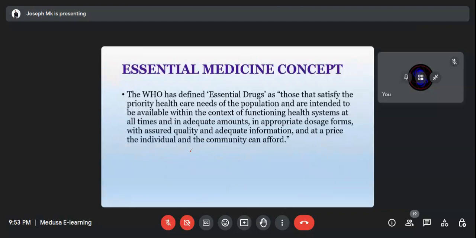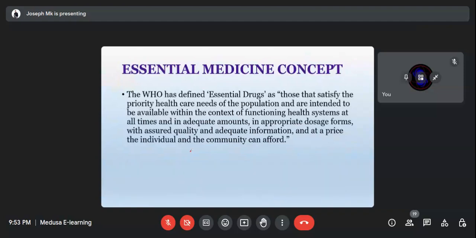Like I said earlier, the definition of a drug has been defined by the WHO, and also essential medicine has been defined by the WHO. We need to know the full definition. It's important. It might pop up in one of the essays. Maybe it can carry 2 marks, things like that, but you need to give the definition that has been defined by the WHO.